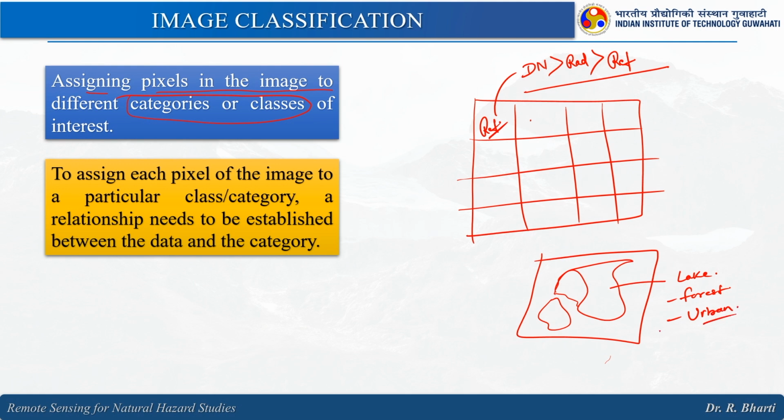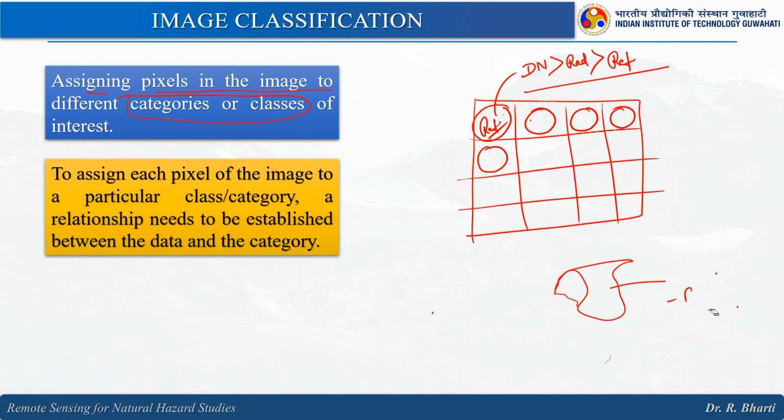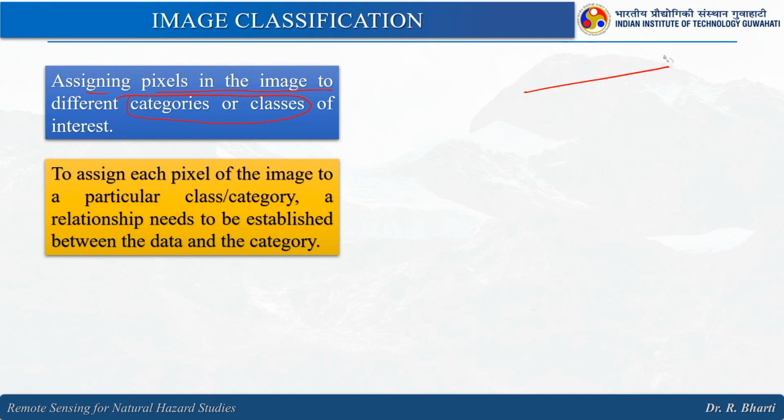So, in image classification we try to assign a class or category to each pixel of my image, so that immediately I should be able to tell what is the area that belongs to lake, forest, urban area or water body, and then we will be using that information in our further analysis.